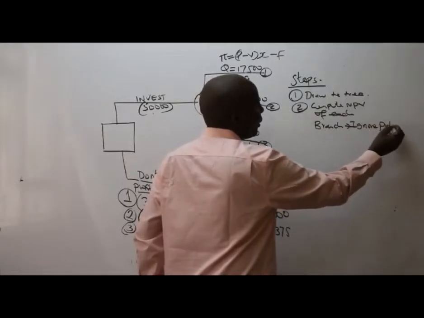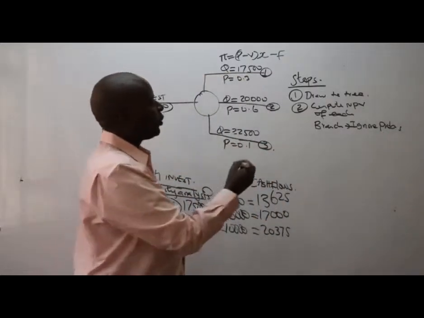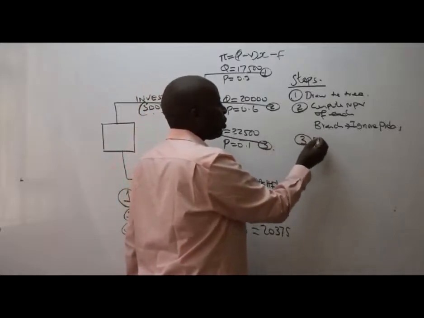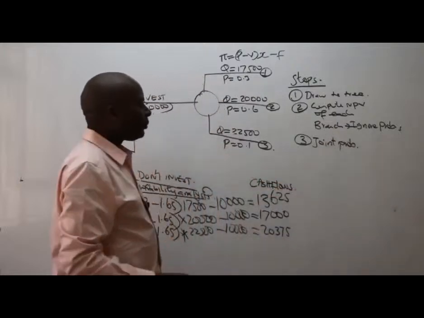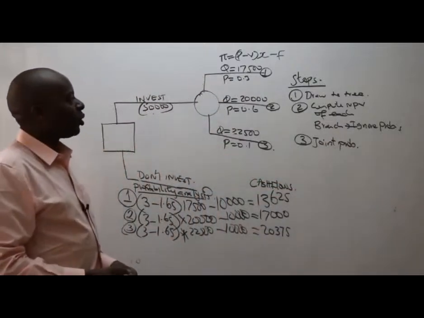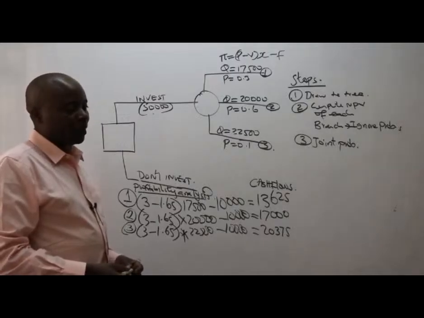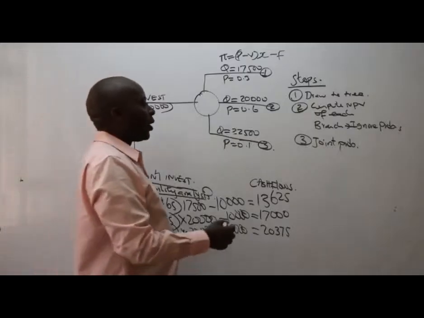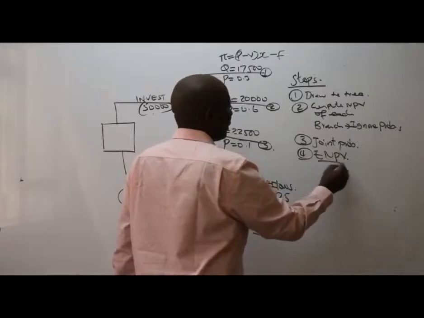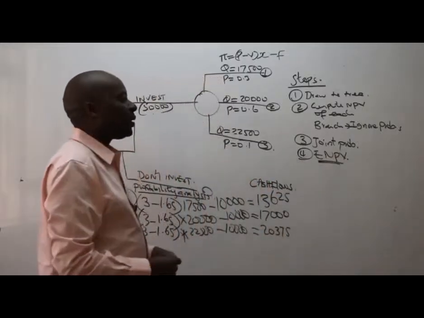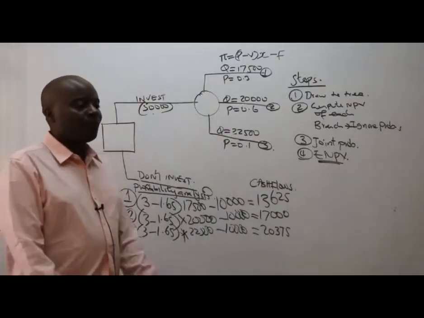Number 3, you come and give us what we call joint probabilities. And lastly, you give us the expected net present value. Those are the basic steps that I'm supposed to remember always.